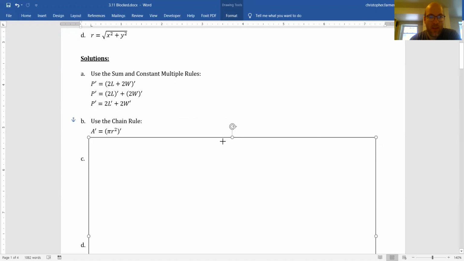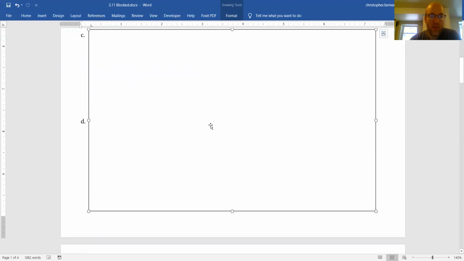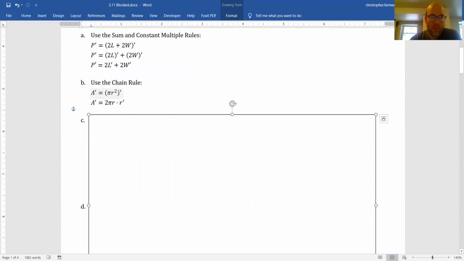Right? So moving down to the next one with the area of the circle, this is the chain rule, specifically because there's something other than just constant multiplication on the R. R is being squared, so R is inside the square function. Here our chain rule is always, we take the derivative of the squared, so you multiply by 2, decrease the exponent by 1, and then you also have to multiply by the derivative of the inner function.